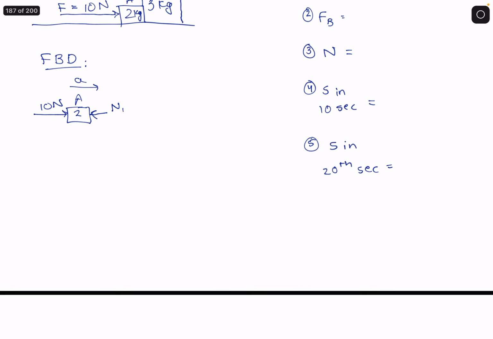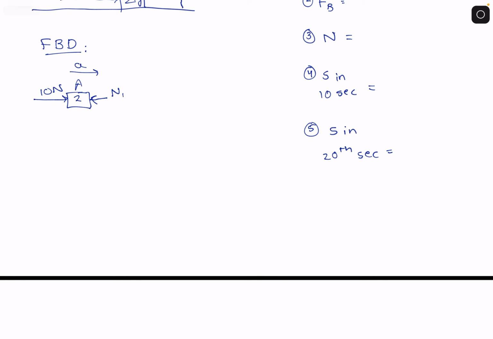Alright, so here I'm going to guess that 10 minus N1 is equal to MA, where M is obviously 2 kg, so this is 2A.